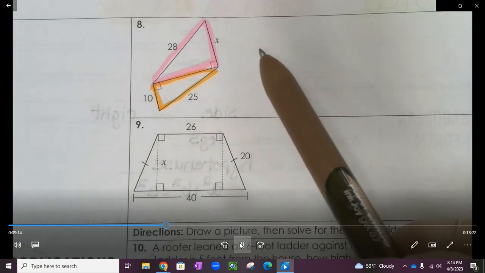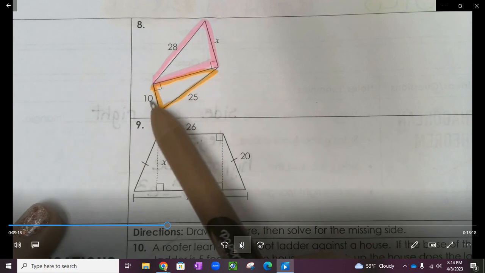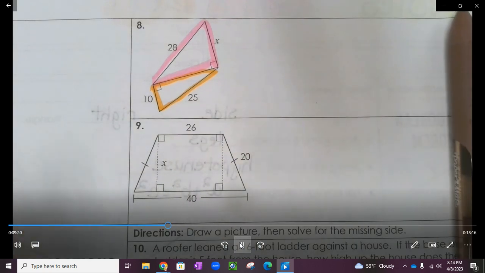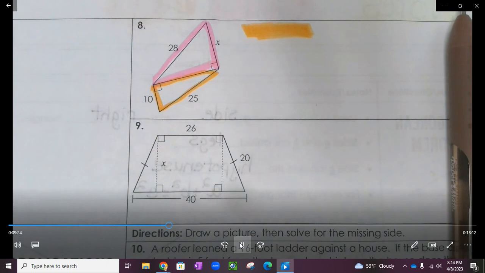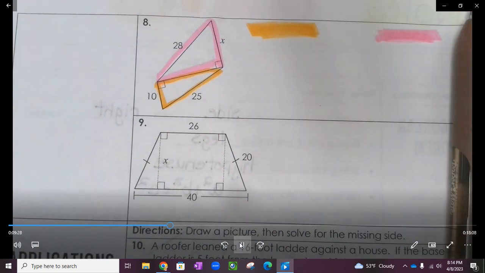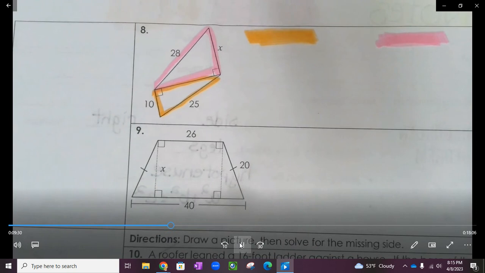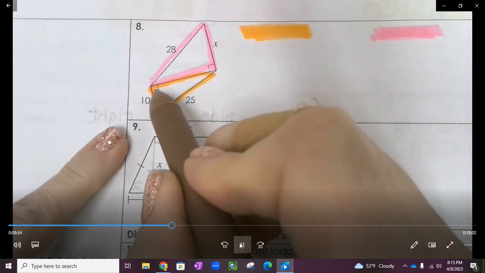So you have to ask yourself, which one can I start with? Well, I can definitely start with this one because I have 2 pieces of information. So I'm going to do the orange work first, and then that answer is going to help me finish with the pink.